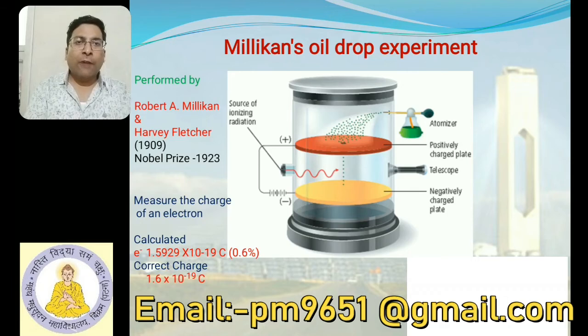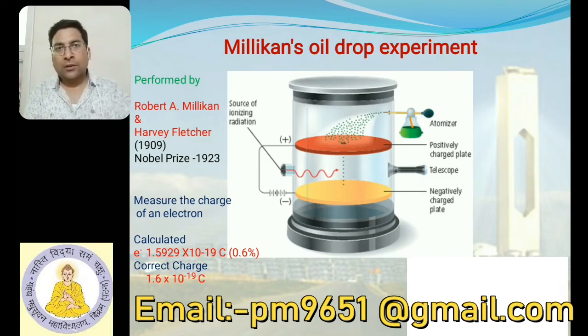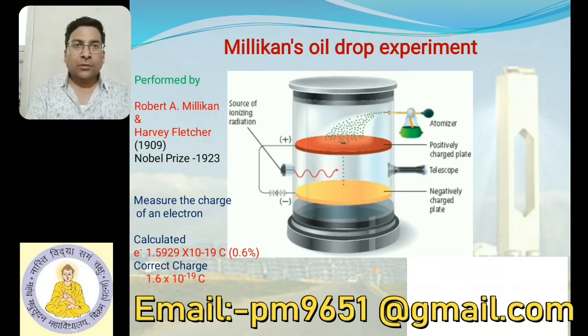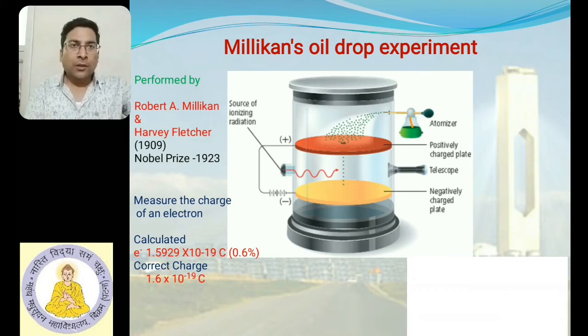They calculated the value of charge as 1.5929 into 10 to the power minus 19 coulomb, and the currently accepted value of electric charge is 1.6 into 10 to the power minus 19 coulomb. You find that this difference is very minute, about 0.6%. How Millikan and Fletcher, these two scientists, performed this experiment, we are going to learn.